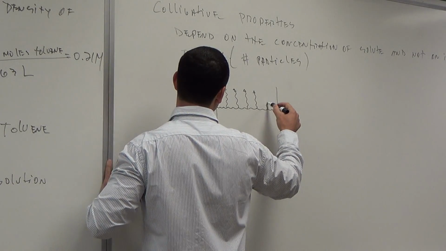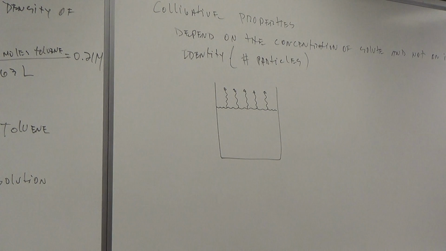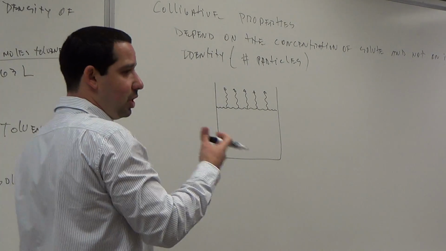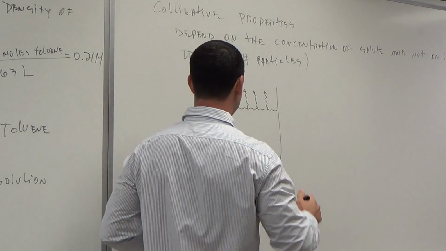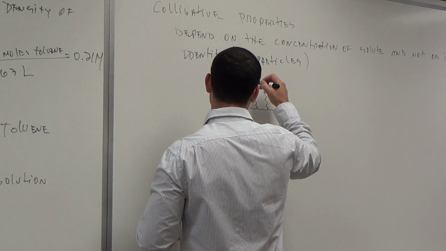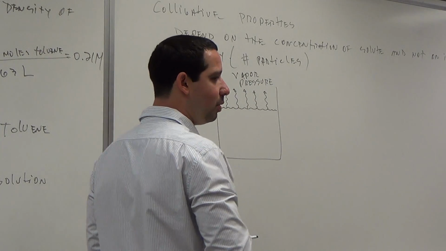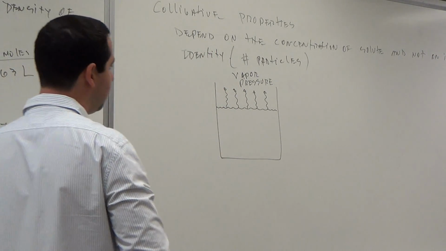The amount that go into the gas phase depends on the pressure and the temperature. But let's say this is at the same pressure and same temperature. This is a number, and this number is called vapor pressure, because it is the pressure created by a vapor which has left this liquid.